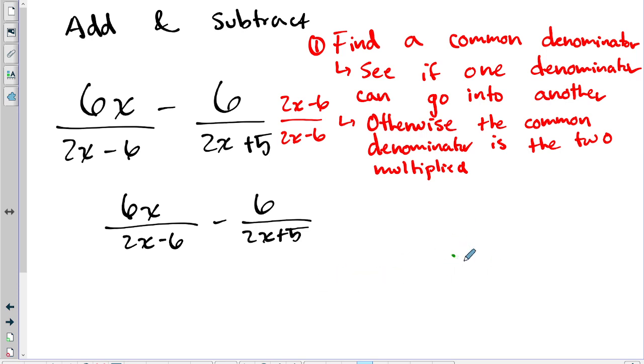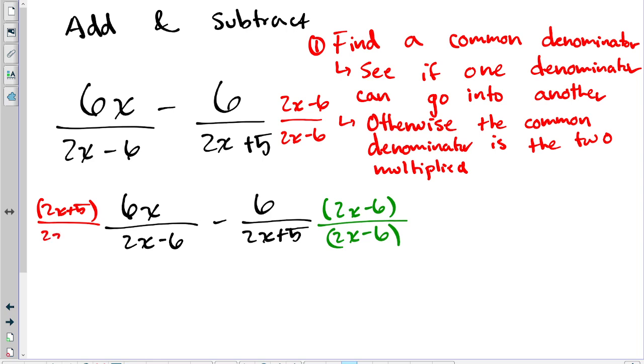Okay, which means I need to multiply the right fraction by 2x minus 6 over 2x minus 6, and the left fraction by this denominator over itself, 2x plus 5 over 2x plus 5. Okay.